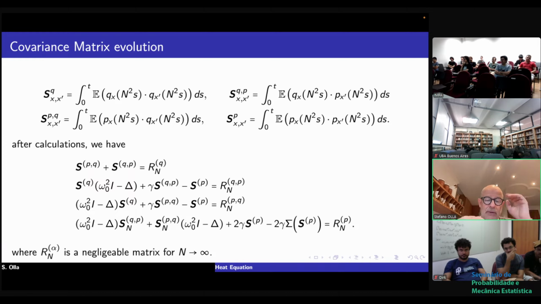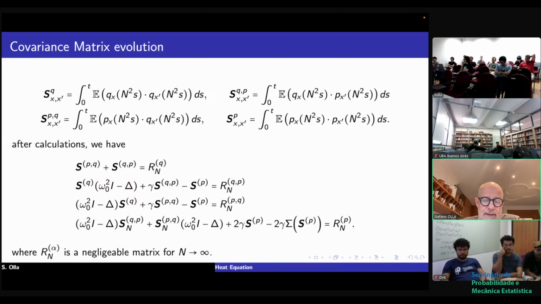We write down the covariance matrix evolution. So let's look at the whole full matrix. Well, we are not really looking at the component, this dot is a scalar product. So we have the covariance of the Qs, the covariance of the Ps, the covariance of the PQ, and the covariance of the P. So now we have a 2n by 2n matrix.